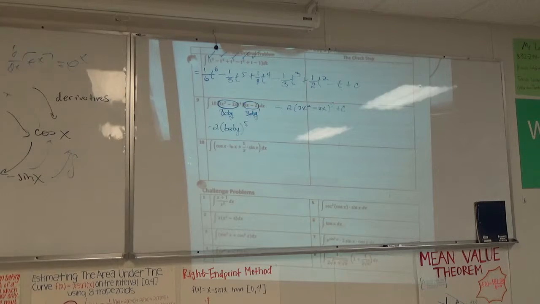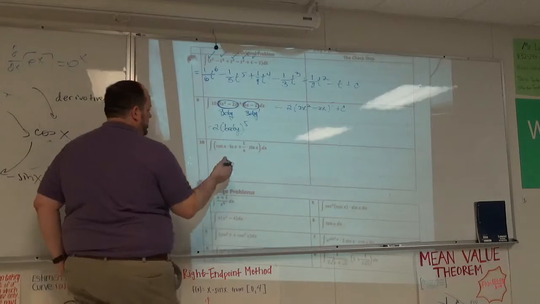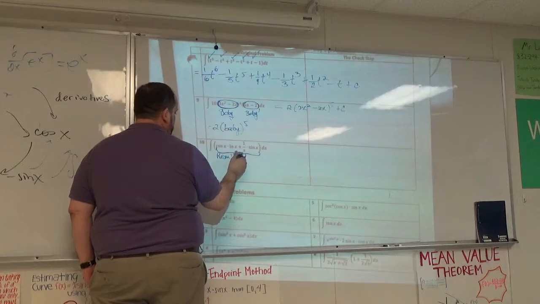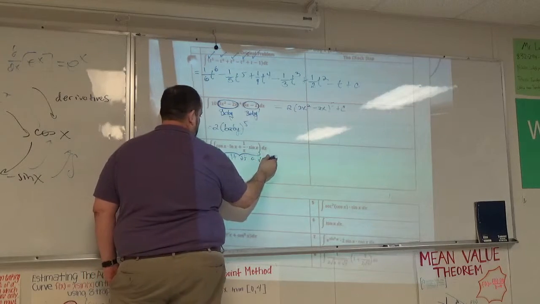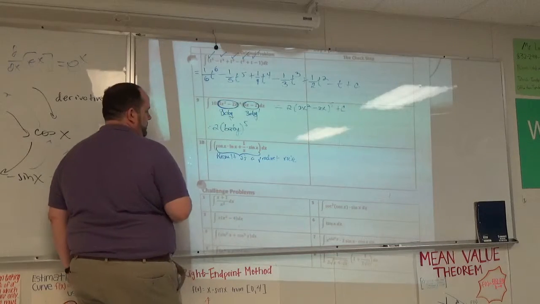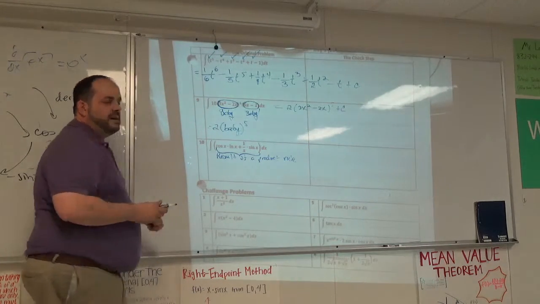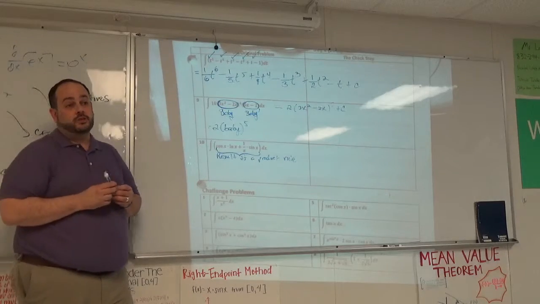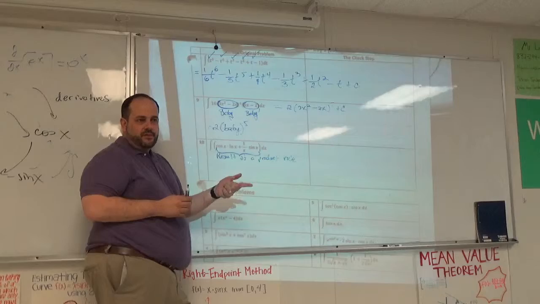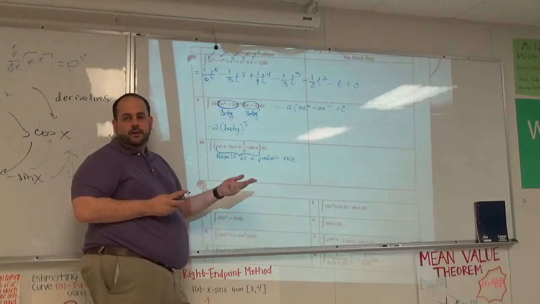Well, check it. This is the result of a product rule. You just have to figure out what are the right functions. Product rule would tell me derivative of the first times the second plus the first times the derivative of the second.